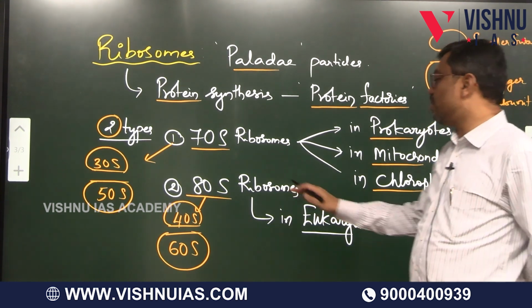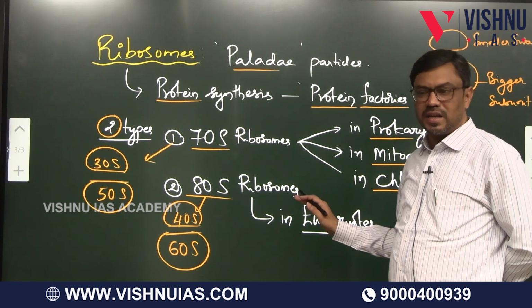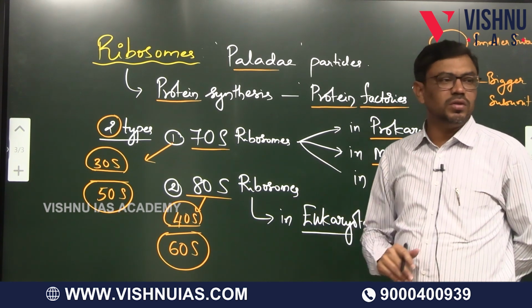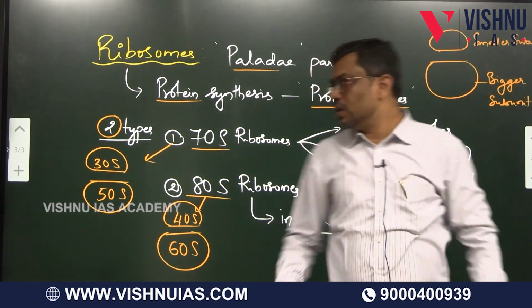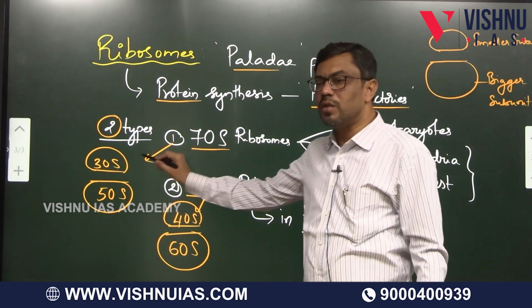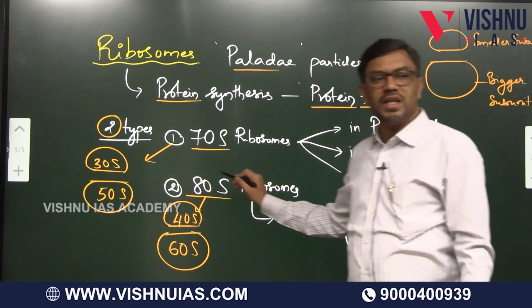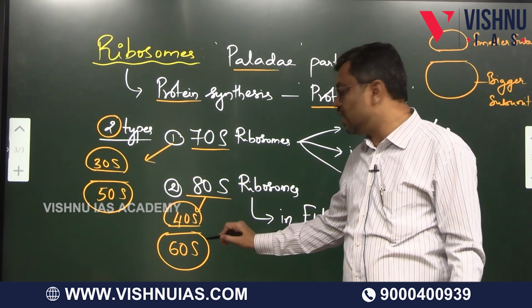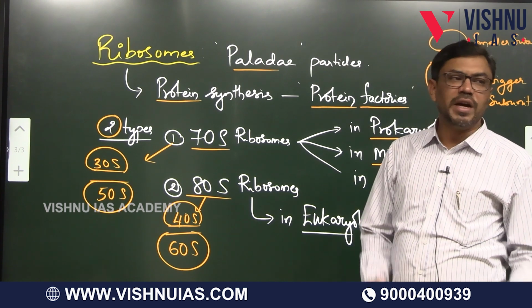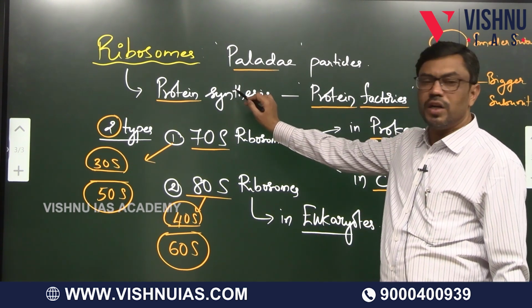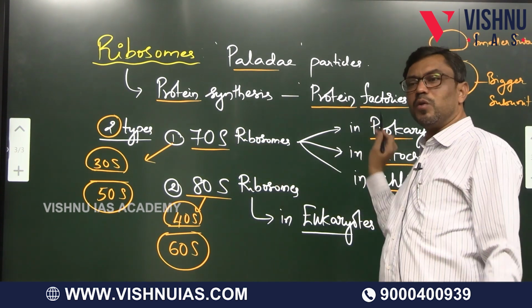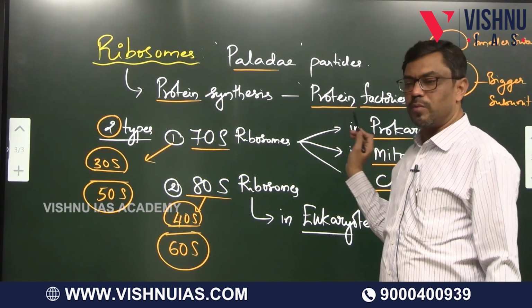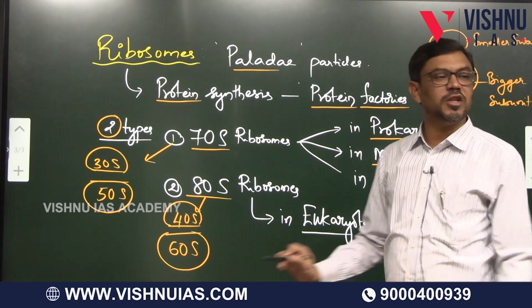Then 80S type of ribosomes are present in eukaryotic organisms. The 70S ribosome has two subunits, 30S and 50S, whereas 80S has 40S and 60S subunits. Mainly you have to remember protein factories, 70S and 80S, where they are present: 70S in prokaryotes, mitochondria and chloroplast, 80S in eukaryotes. This much is enough.